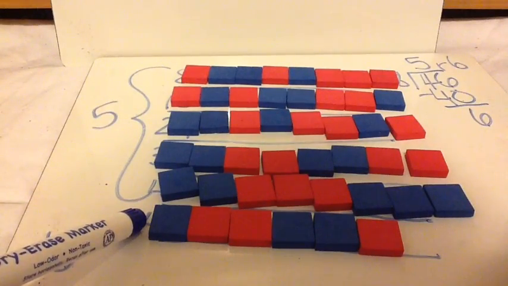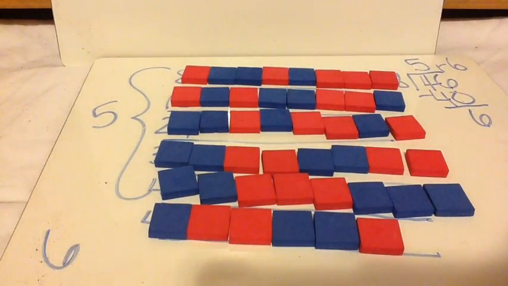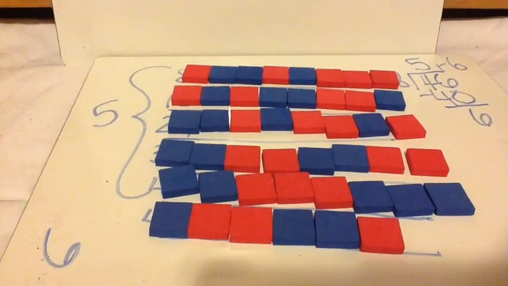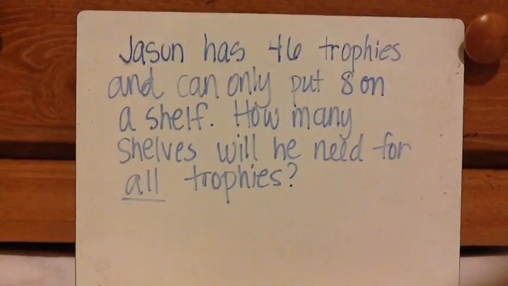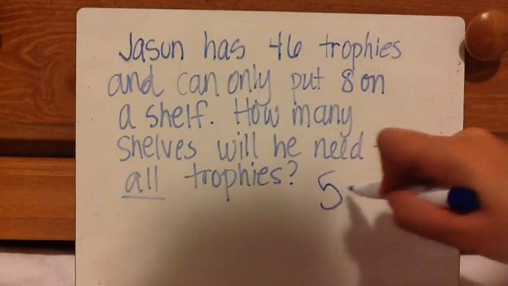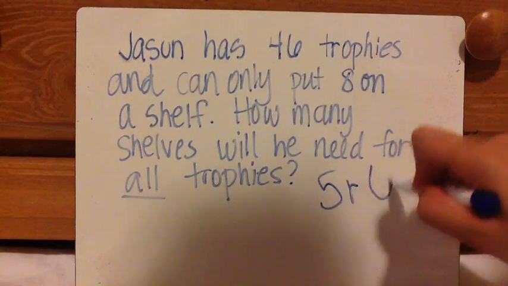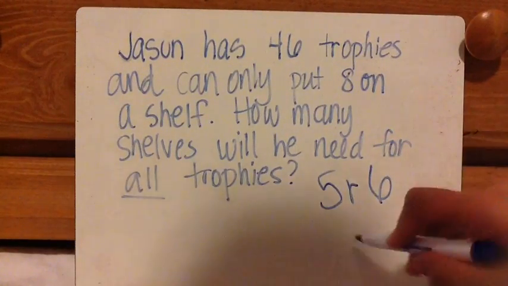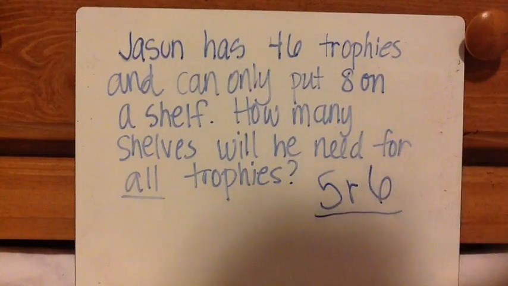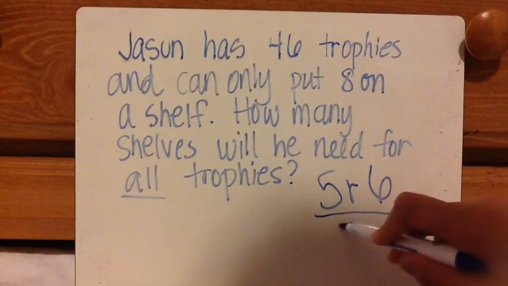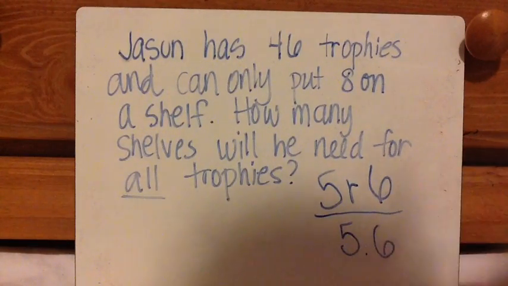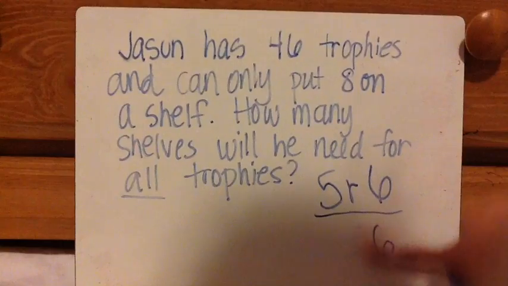6 shelves. And see, that's where scholars get a little confused because they get the math problem and they just put 5 remainder 6, or if it's a grid question, they want to put 5.6, which, by the way, is not the equivalent decimal.